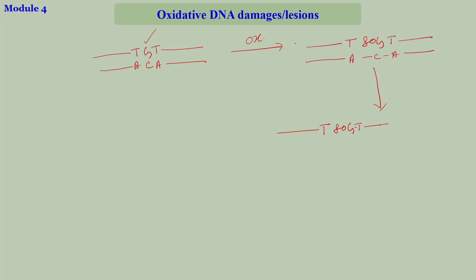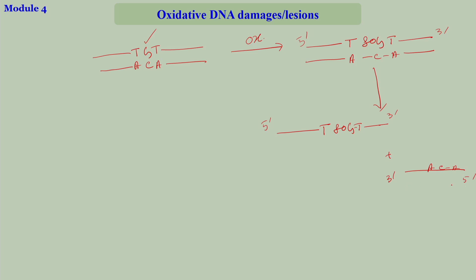If this is, let us say, 5 prime to 3 prime, this would be used as one template and the 3 prime to 5 prime with A, C, A would be used as the other template during replication or during cell division.